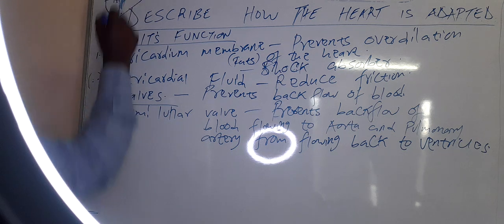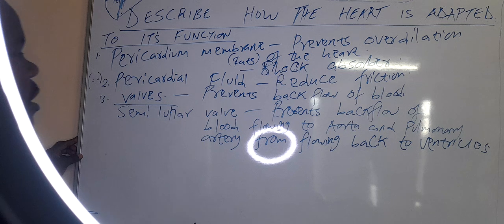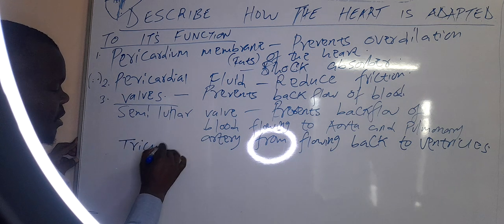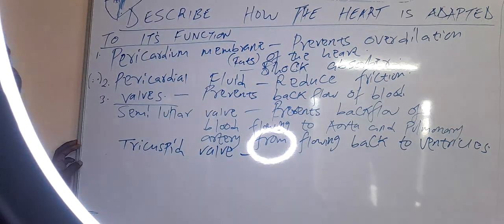These two valves here are what we are calling the semilunar valves. We have the tricuspid and bicuspid valves. What will be the role of this tricuspid valve?